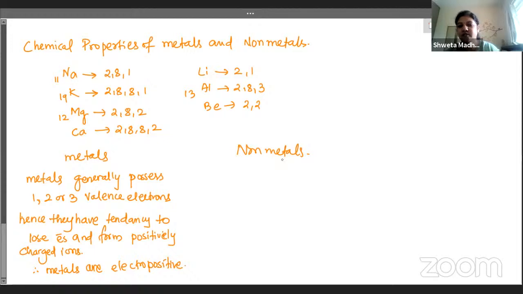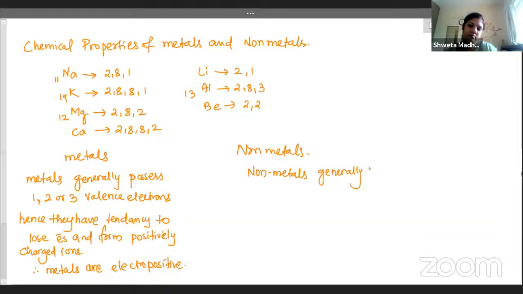And exactly opposite in the case of non-metals. Non-metals generally possess five, six, or seven valence electrons.